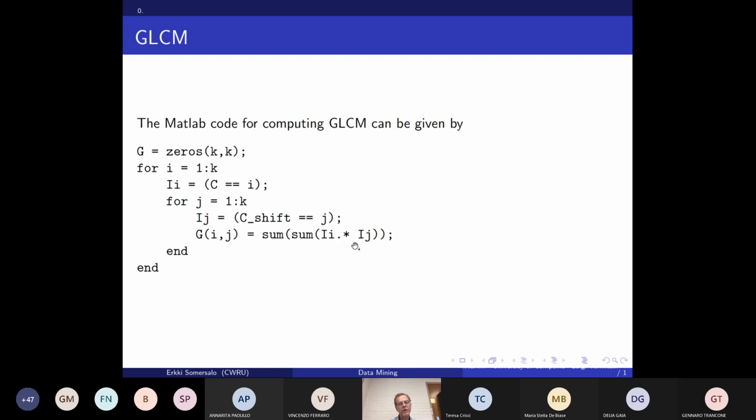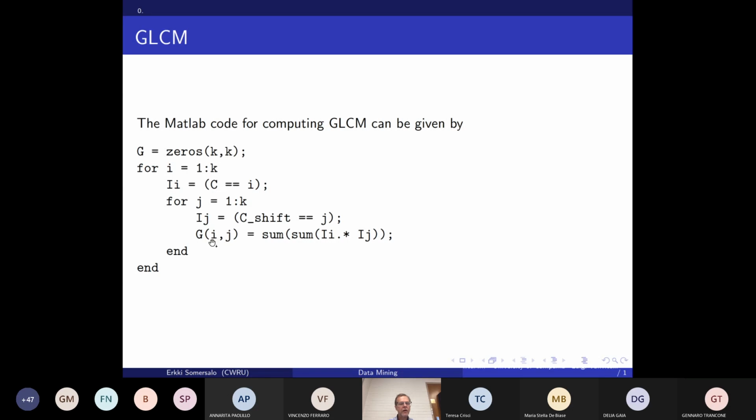So I'm taking the dot product of those vectors here, and notice when I have a pixel in the original matrix that has value i, and in the second I have value j, then this product is 1, otherwise it's 0. And so then I'm summing how many times I have 1 and 1, so that is exactly the number of co-occurrences. So I'm taking the sum over i's and j's, and so then I get the tally.